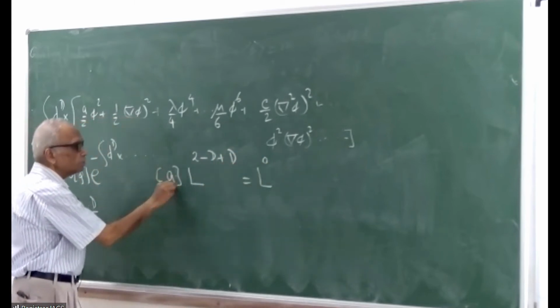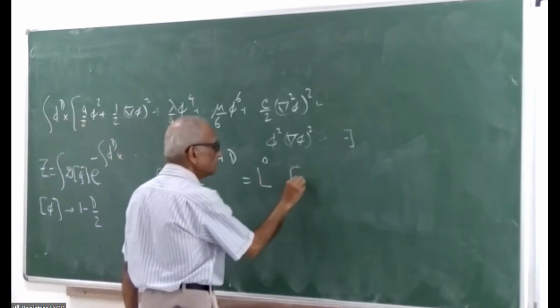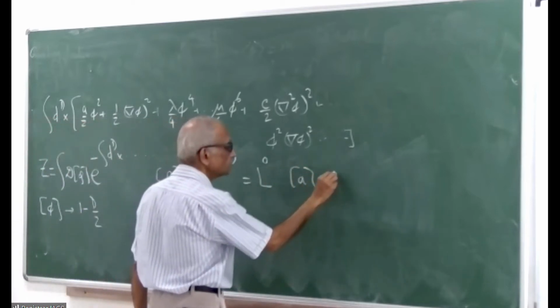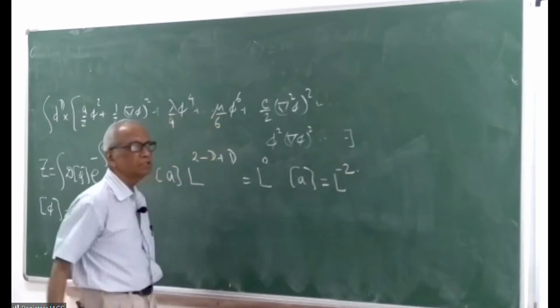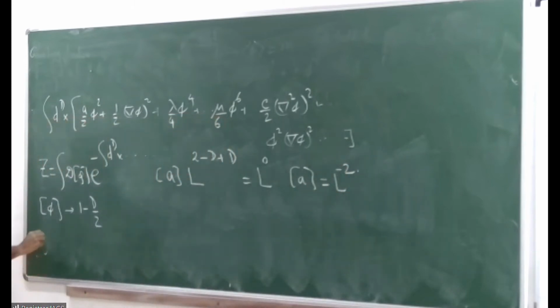So the dimension of A is L to the power minus 2.